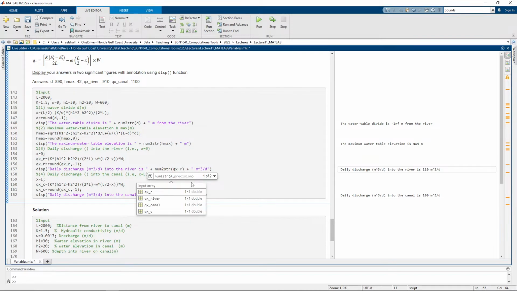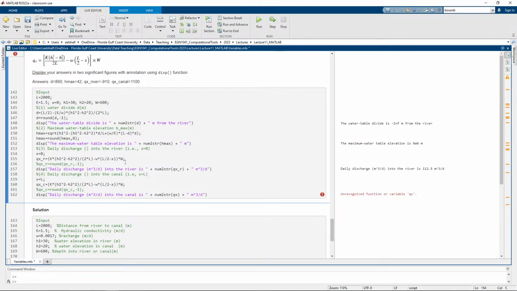Okay, let me just comment this to show the actual value without any rounding. So if I comment this, then I will display this value without rounding. So I comment this, and I run this.